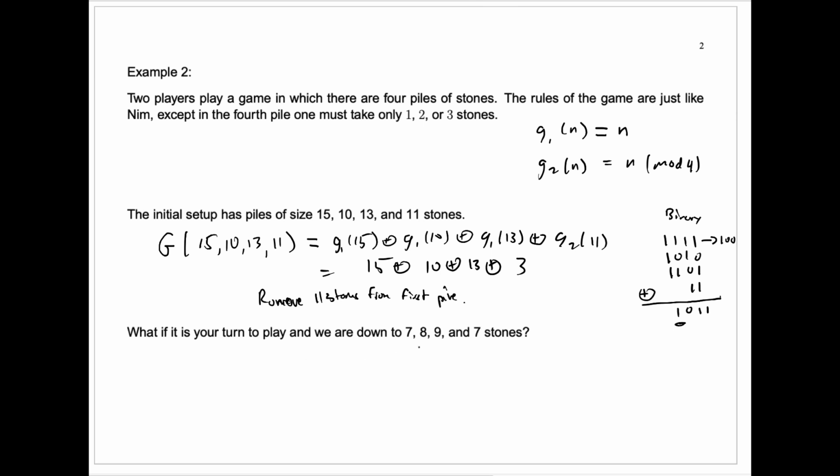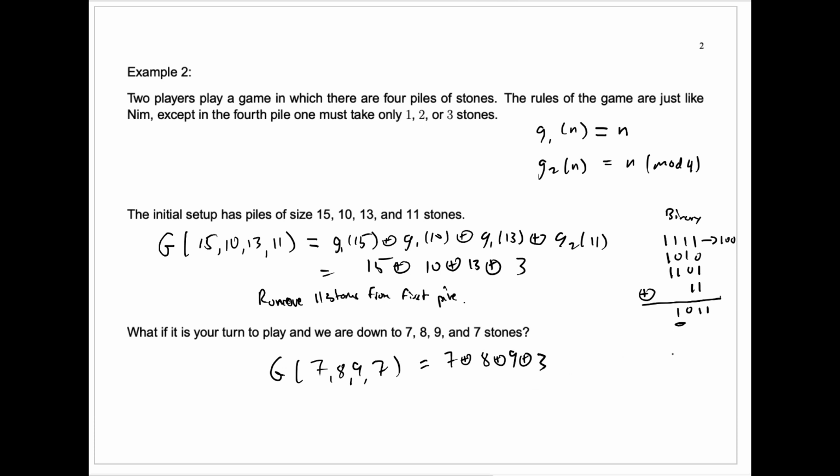What if it's our turn to play and we're down to 7, 8, 9, and 7 stones? Well, again, we can compute very quickly. G of 7, 8, 9, 7 is going to be 7 NIM sum with 8 NIM sum 9 NIM sum. We need G2 of 7, which again here is 3.